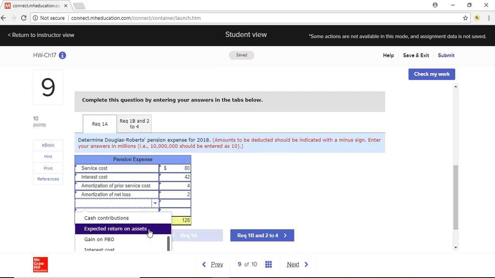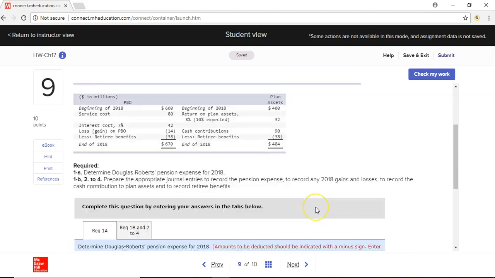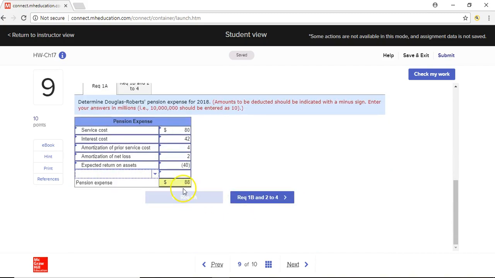So expected return on assets, minus 40. Let me check. 10% of the beginning plan assets, 400, so 40. That's correct. Therefore, our pension expense is $88 million.